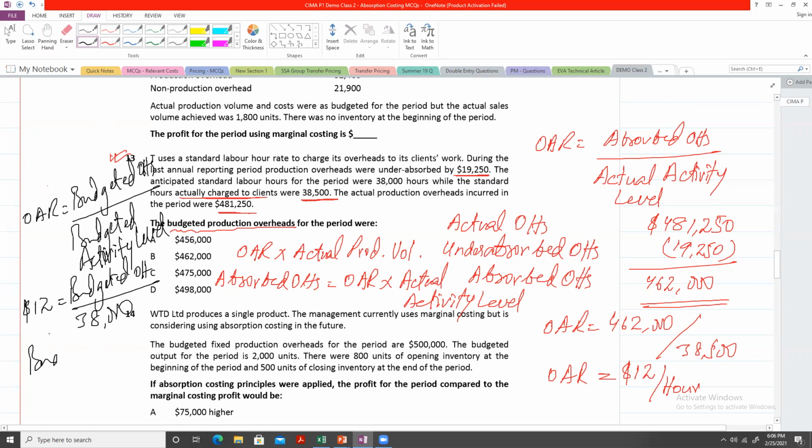So budgeted overheads will be 12 multiplied by 38,000, which is 456,000. This is the answer for budgeted overheads that you will get.